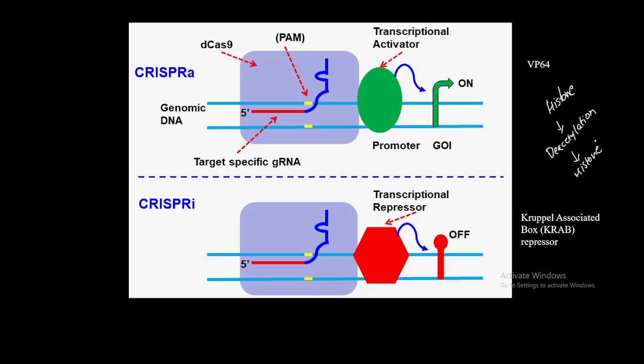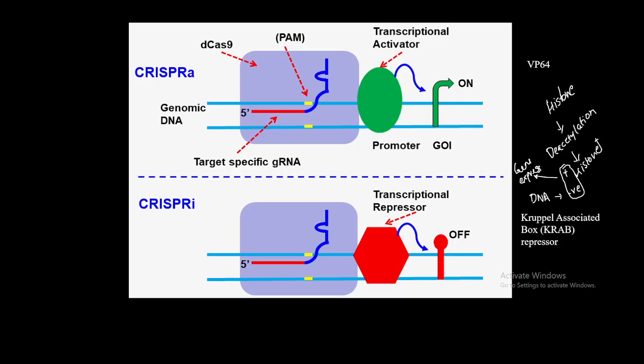And your DNA has the phosphate group, so it is negatively charged. So this positive charge and this negative charge will interact with each other, and there will be gene expression.